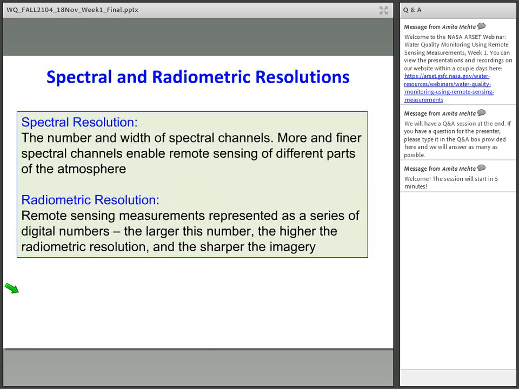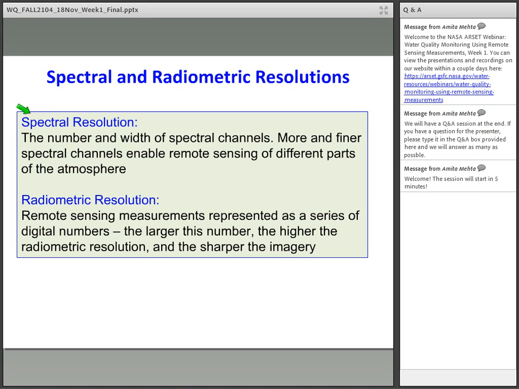Some more crucial information is spectral resolution and spectral bands of a sensor that we want to use for water quality monitoring. For spectral resolution, we looked at the electromagnetic spectrum: what part of that spectrum is sensed, and how narrow or wide the bands are, what the width of these spectral channels is. They provide different information in different bands.